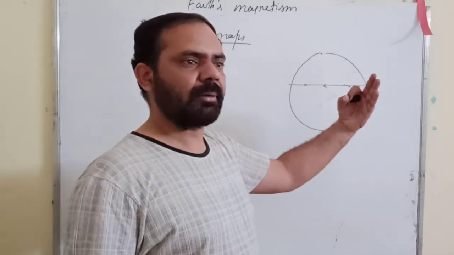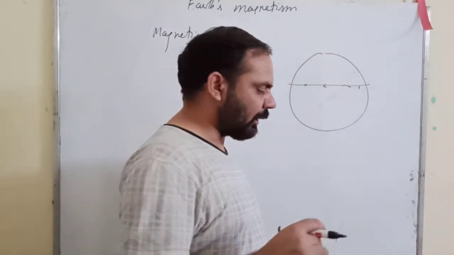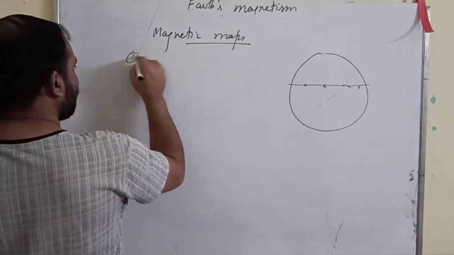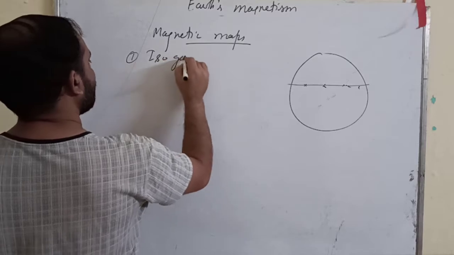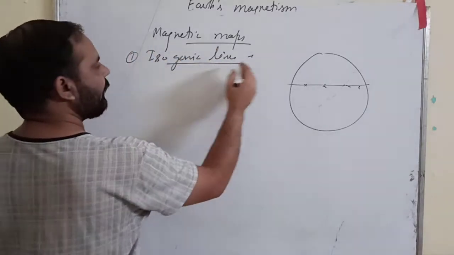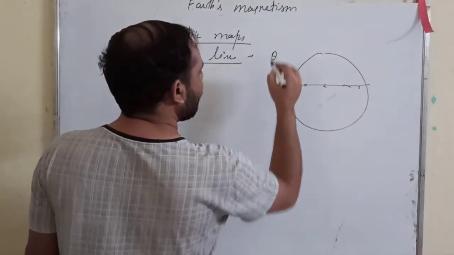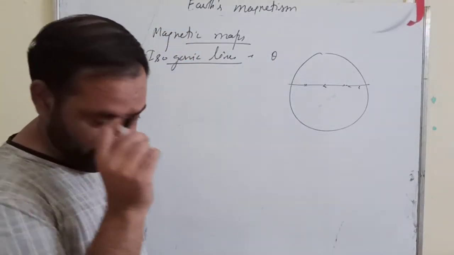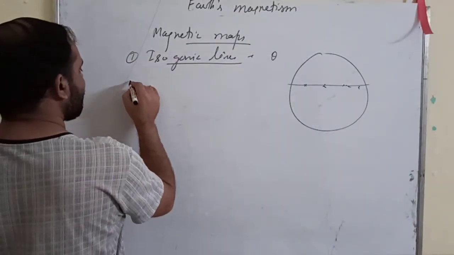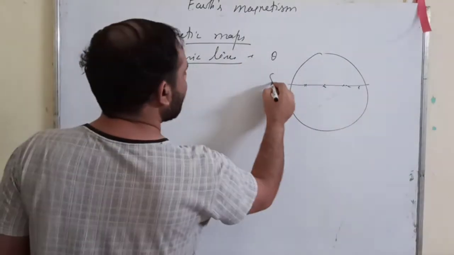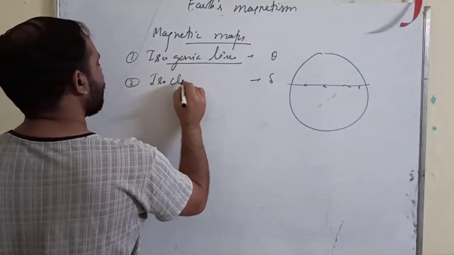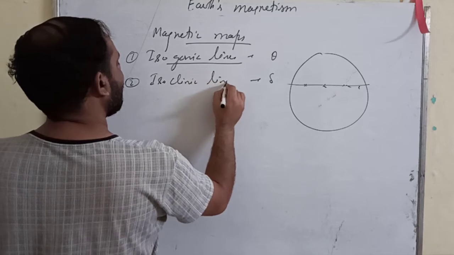Those lines, also called maps, are called isogonic lines. How do you get them? By joining the places of equal angle of declination. If you join the places with equal angle of dip, then those lines will be called isoclinic lines.